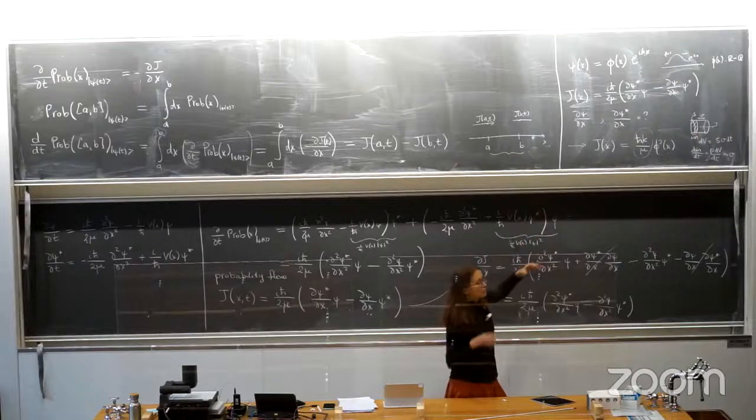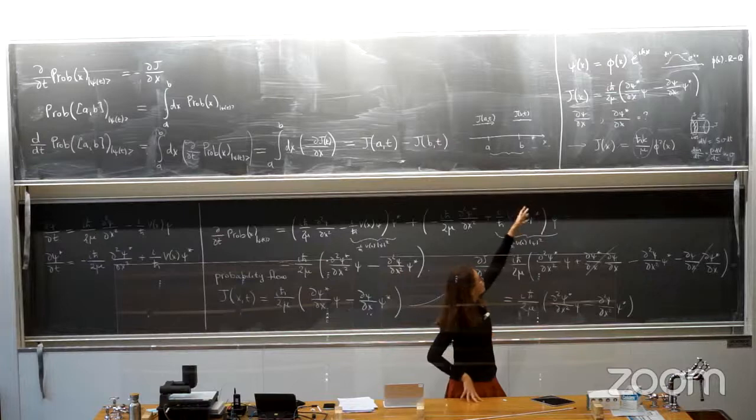Time t is fixed for this example, and at that time t we have this dependence on x, and we calculate the probability flow.